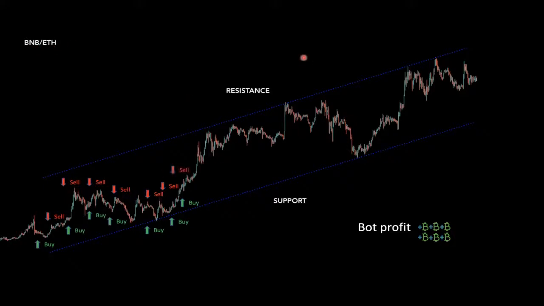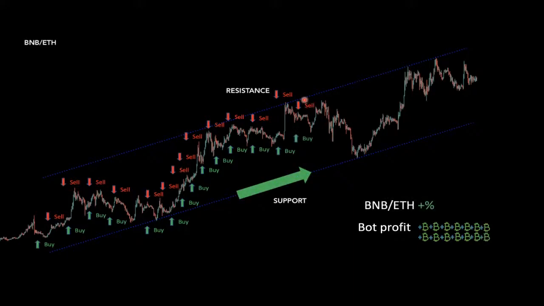And as we have always, well, almost always, some of the base currency in open trades, that means that the value of BNB on this rising market is also positively affected. So that creates this double effect. You see the value change of the BNB and the bot profit generated.